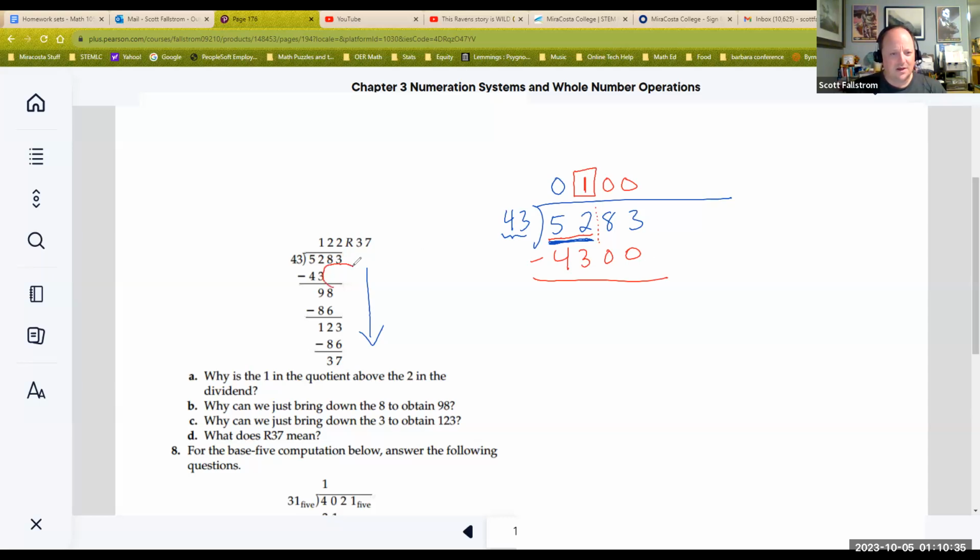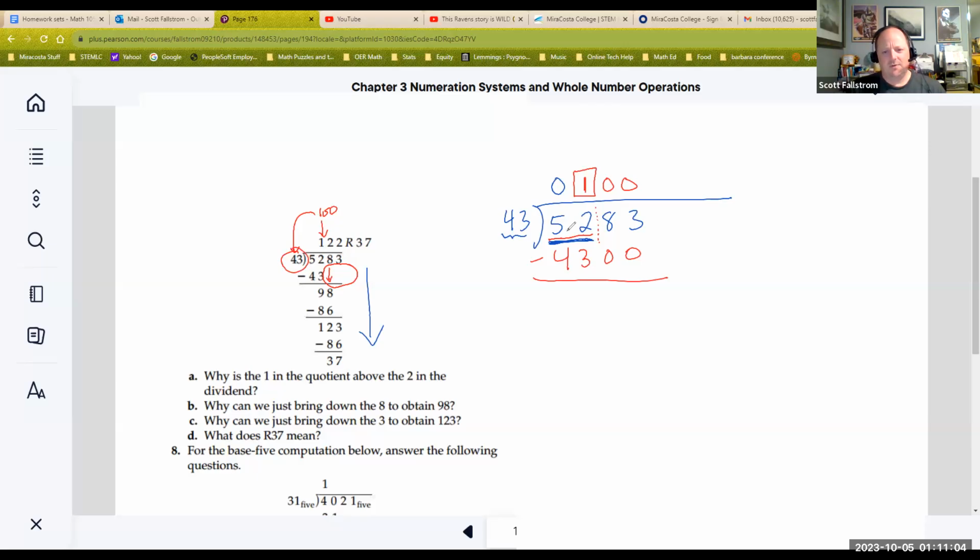You'll notice, though, we oftentimes leave those blank, or sometimes you might even see an arrow written down when it's time to bring the next one down. So again, it really is that you're looking at how many 43s are in 5,200. And so there's 100. Now, again, we would typically just write the 1. So the 1 here represents 100 groups of 43.